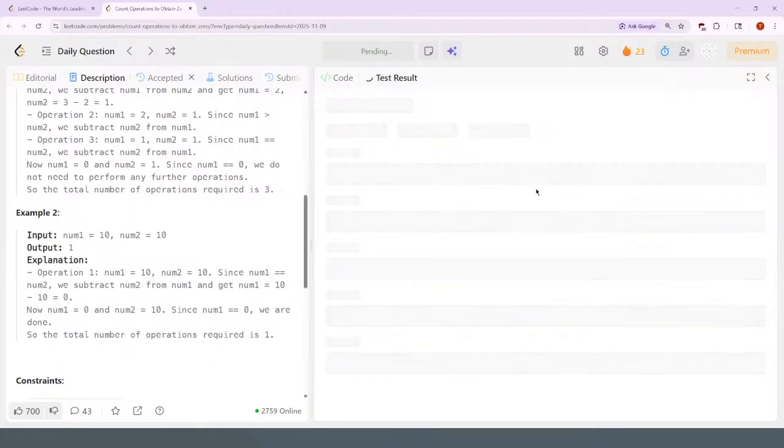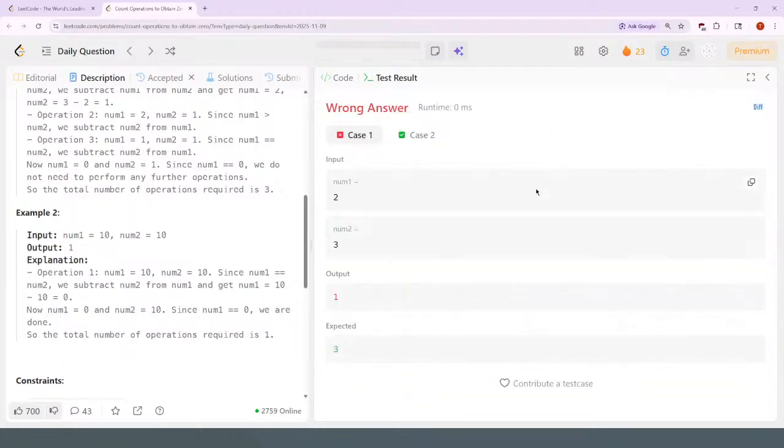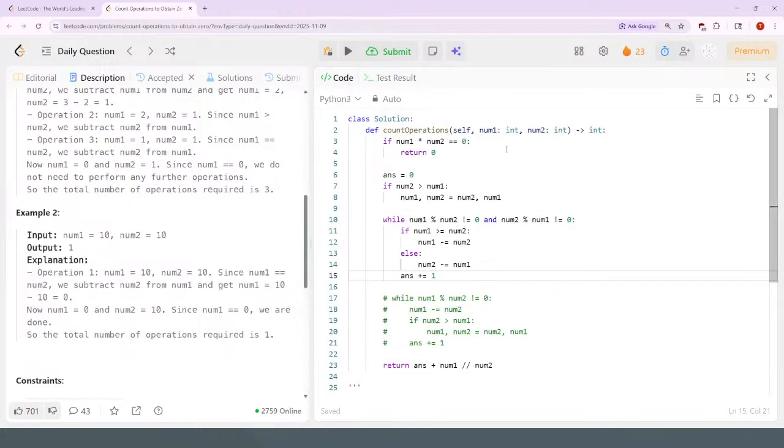Okay, I think that's correct. Oh boy. Fudge. So what is it gonna do here?